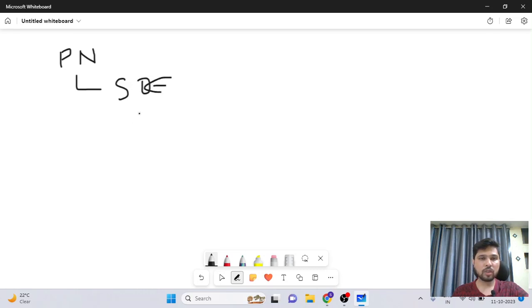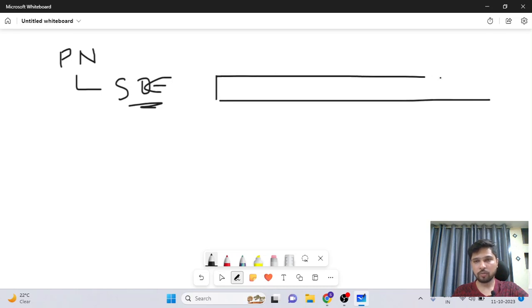What it does is it forms a one-dimensional array, basically just a boolean array, where whichever numbers are prime, we mark as true, and whichever numbers are non-prime, we mark as false.